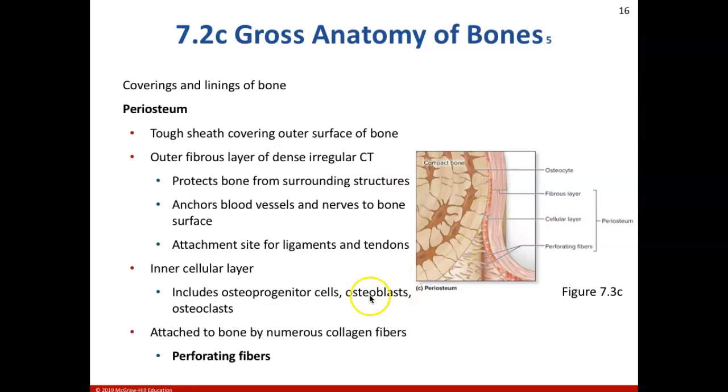So we'll talk about what those cells are in another section, but those are very important bone cells to make sure our bone is thriving and working properly. And then beyond the inner cellular layer, we have this region with numerous collagen fibers, and these are called perforating fibers, and it helps the periosteum attach to the bone.